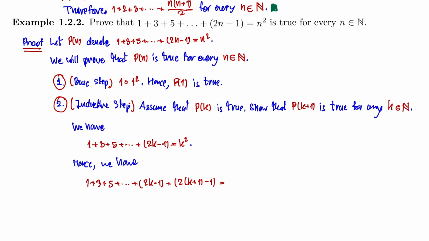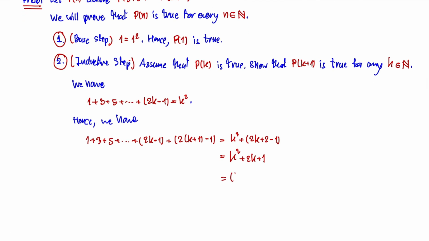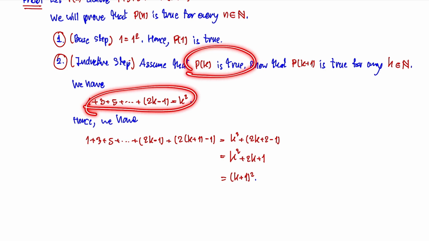We're going to have the first part turn out to be k squared, right? k squared plus 2k plus 2 minus 1. We distribute this number 2 into here. Then it turns out to be k squared plus 2k plus 1, and it turns out to be k plus 1 squared. Once we have this, which is P(k), we have P(k+1), which is true.